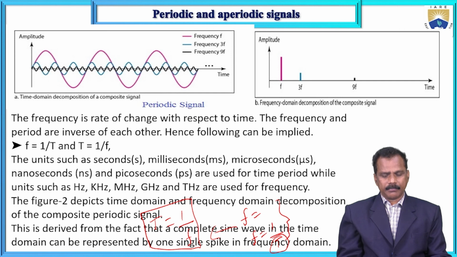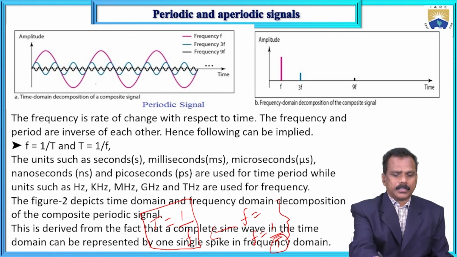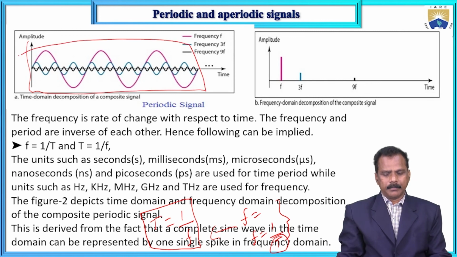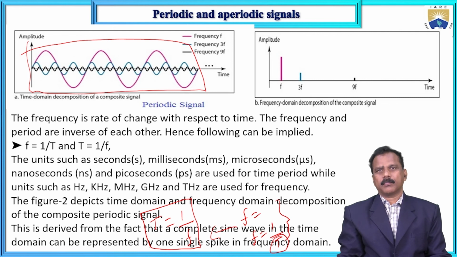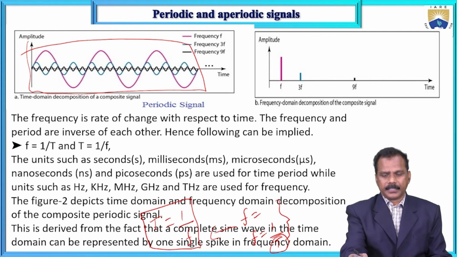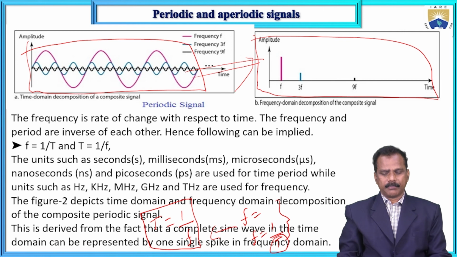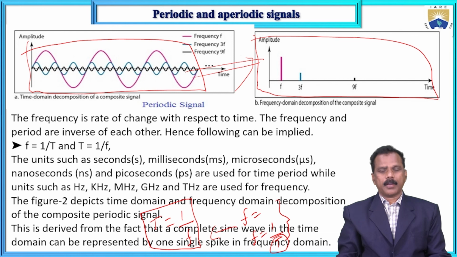This is derived from the fact that a complete sine wave in the time domain can be represented by a single spike in the frequency domain. That's why we are considering this one.